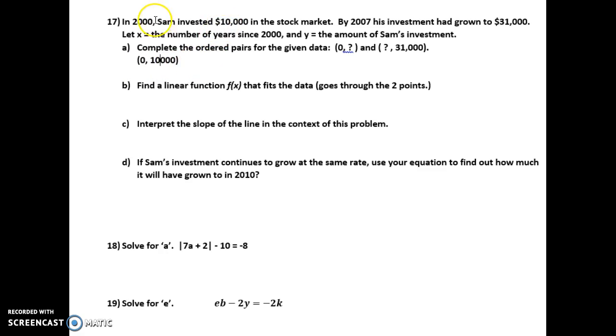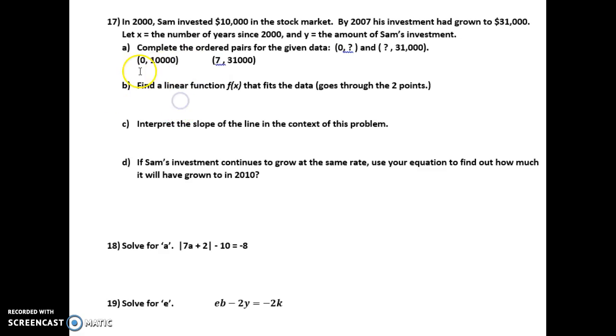So whatever he put in 2000, that's what he has. And then here we're asking, when his investment is $31,000, what's the x value? $31,000 happens in the year 2007, and the x value should be the number of years since 2000. So 2007 is 7 years later. So that's where we get the two ordered pairs.